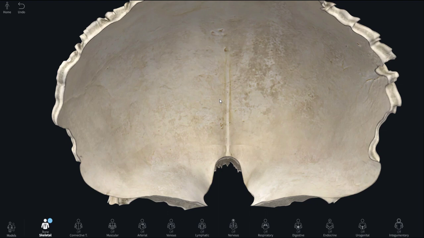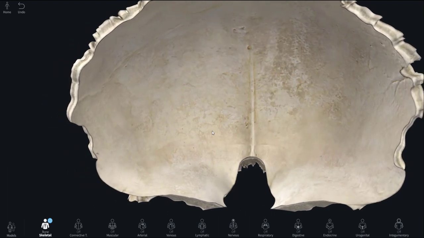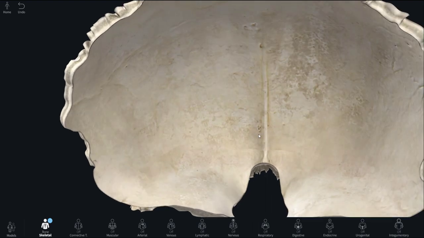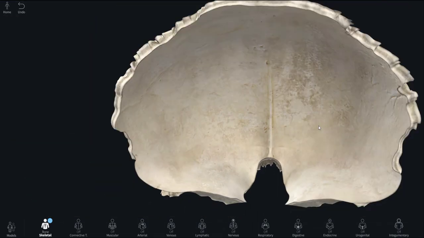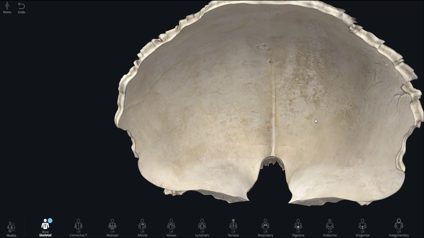Okay, right. The most prominent thing we notice in the internal surface of the frontal bone is this midline structure, this midline elevation, this midline crest, which we call the frontal crest.